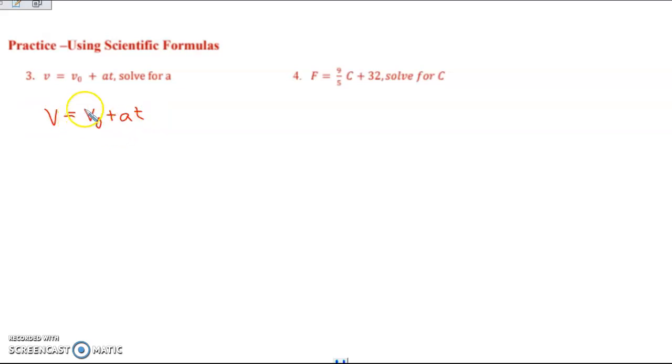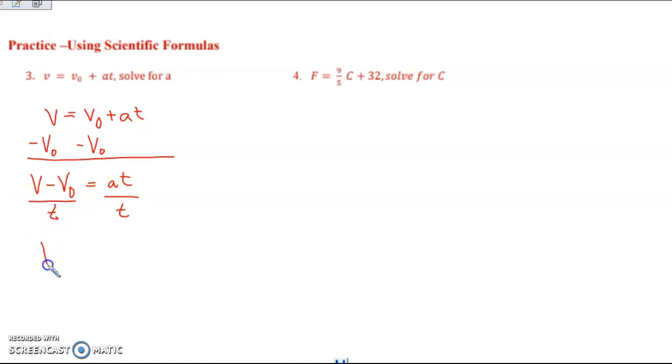If you said move the V with subscript 0 first, that is correct. When I do this, I still have a t that it's attached to. This is multiplication, so I'm going to divide by t. Because those cancel out, A is now on its own.